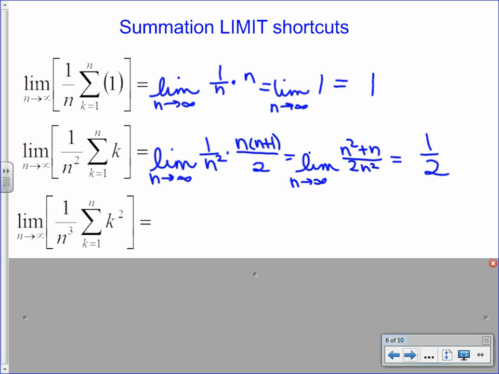Anybody have an idea of what this one would be? 1 over n cubed, the summation from 1 to n of k squared, right?